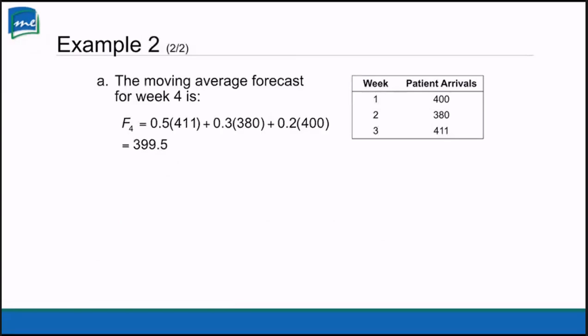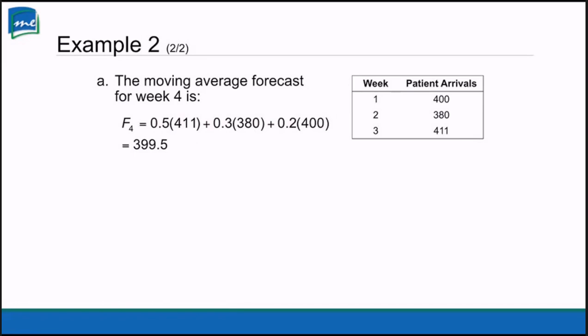So instead of using 1/3 as the weights for each period as in a simple 3-period moving average, we use 0.5 as the weight for the most recent period, 0.3 for the second most recent, and 0.2 for the third most recent. So we still use a 3-period moving average, but not a simple one.